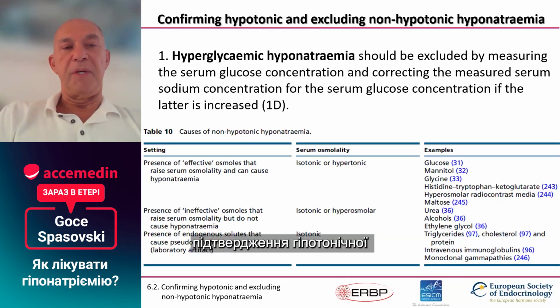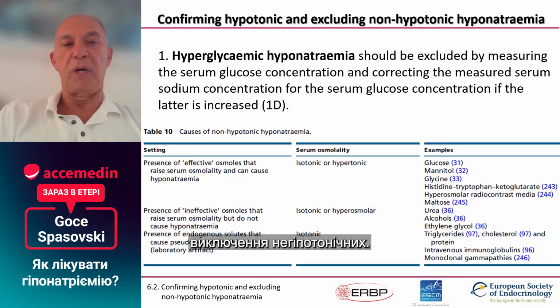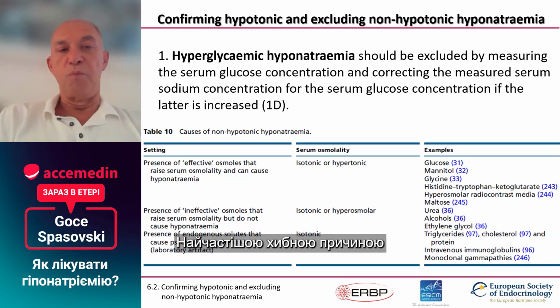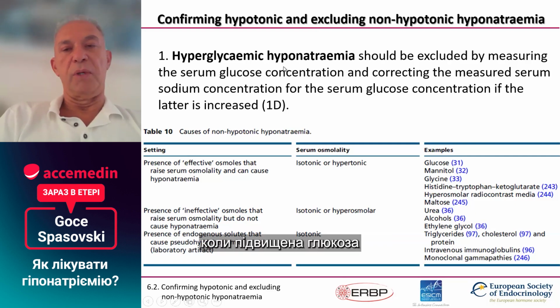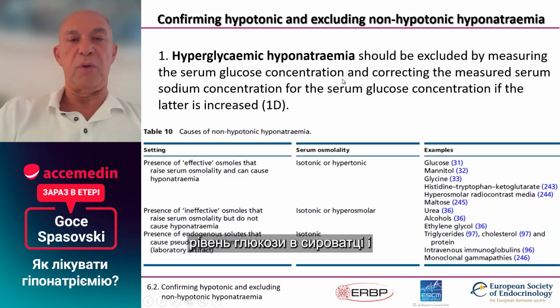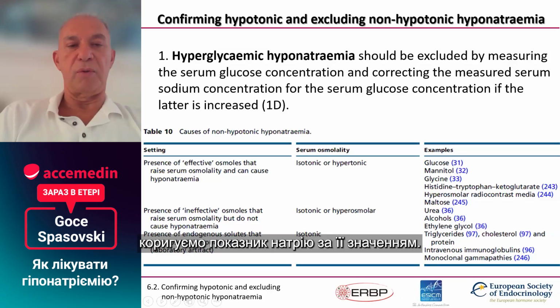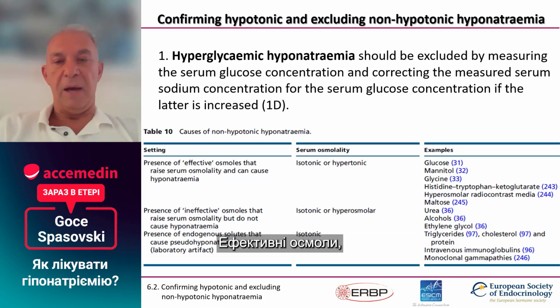The second step is confirmation of hypotonic and exclusion of non-hypotonic hyponatremia. Most frequently we have hyperglycemic hyponatremia, and this should be excluded by simple measuring of serum glucose concentration and correcting the measured serum sodium concentration for the serum glucose concentration if the latter is increased.